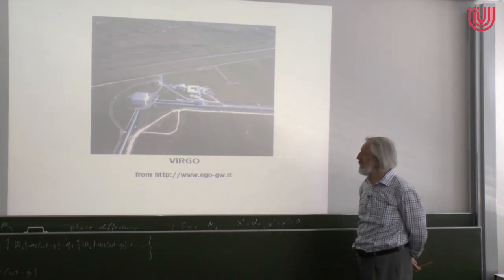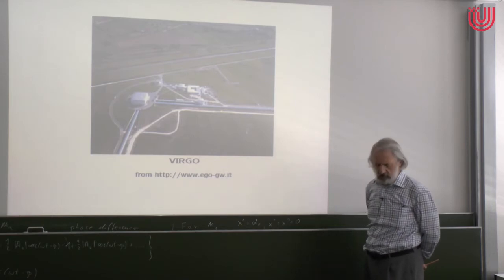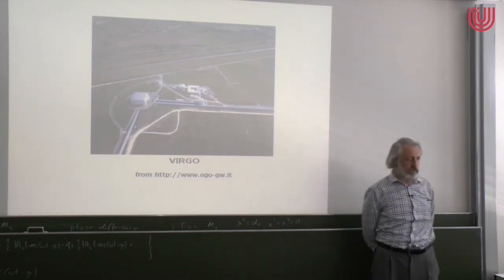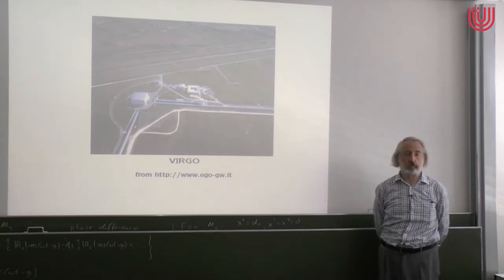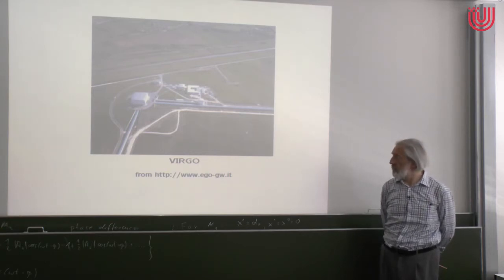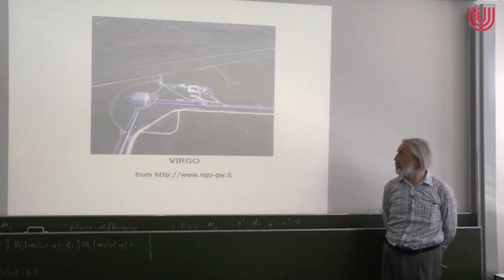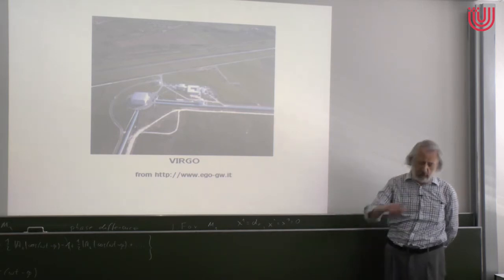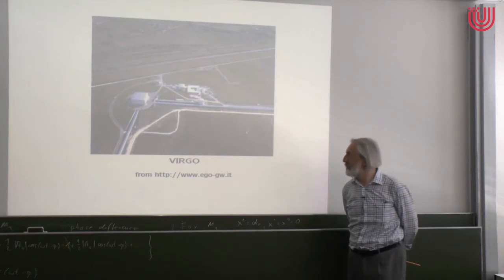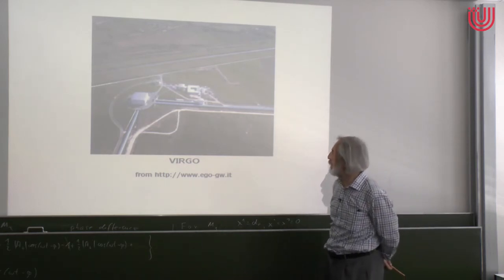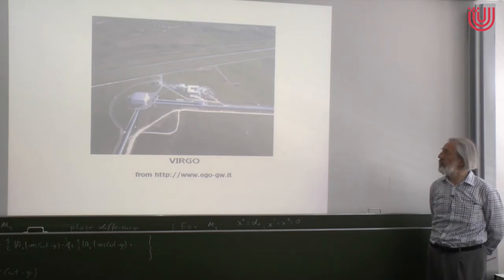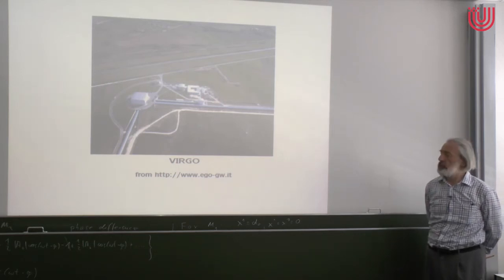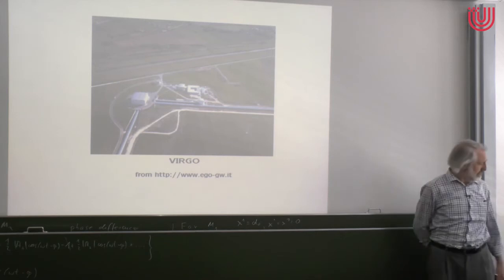As I said already, GEO 600 is not so much designed for actually detecting gravitational waves. It's more designed for testing technologies for the bigger ones. And actually, GEO 600 is a very important player in this game. The people working with the other detectors always acknowledge the big contributions that come from the German team, which provides in particular the laser technology.